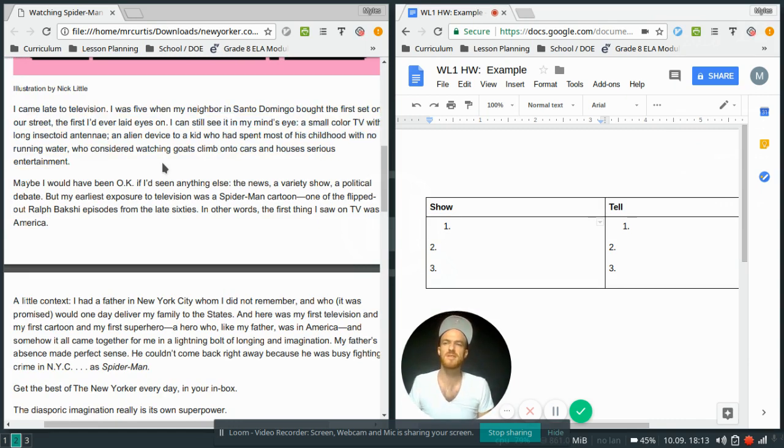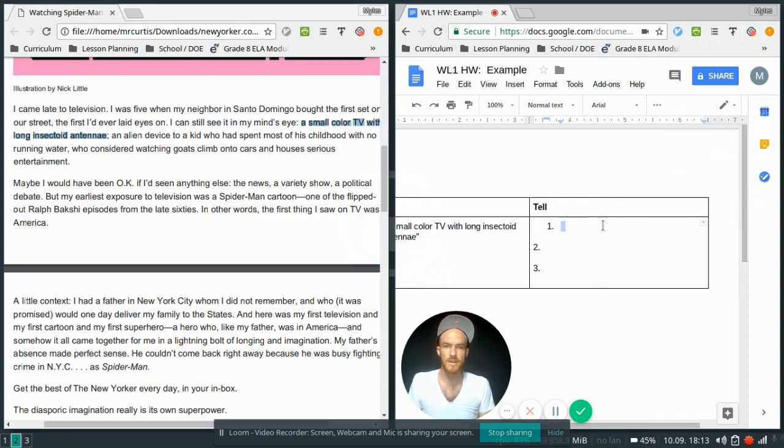All right, so what details do I feel show the show don't tell principle at work? Let's start with his description of the first TV he sees: a small colored TV with long insectoid antenna. First of all, he's already told you this is the first TV he's seeing. So what other information does it give?